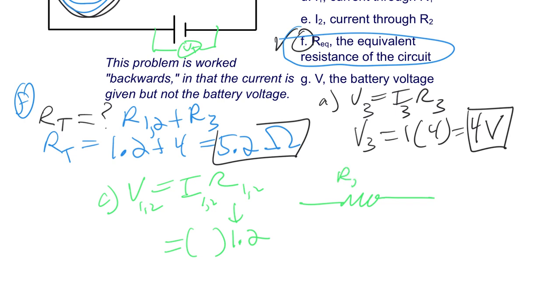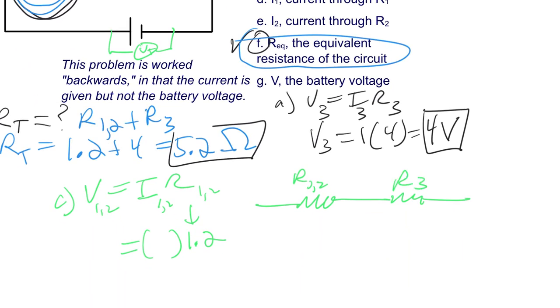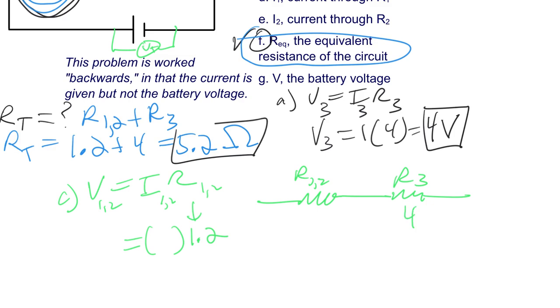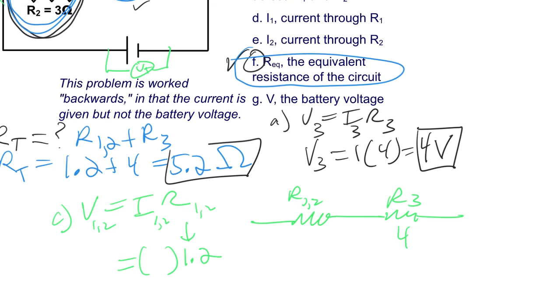R12, then R3. R3 was 4 ohms. And R12 is 1.2 ohms. And can you see that the current going through here, which I'm going to call I total, is equal to the current going through R3.